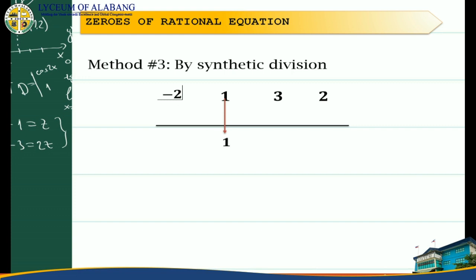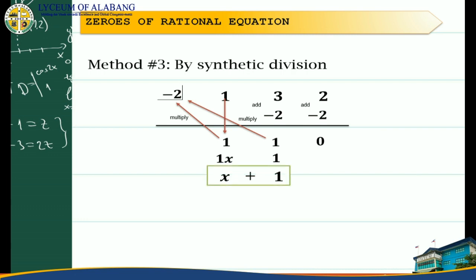Then, 1 times negative 2 is equal to negative 2. 3 plus negative 2 is equal to 1. 1 times negative 2 is equal to negative 2. 2 plus negative 2 is equal to 0. So we have 1x and 1. So the answer is x plus 1.